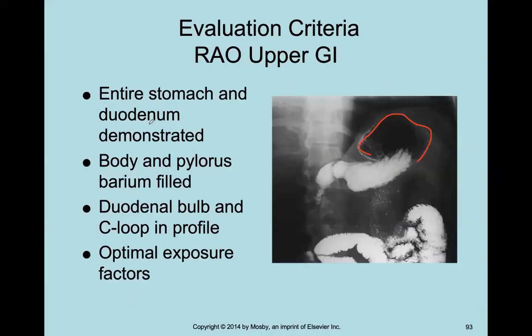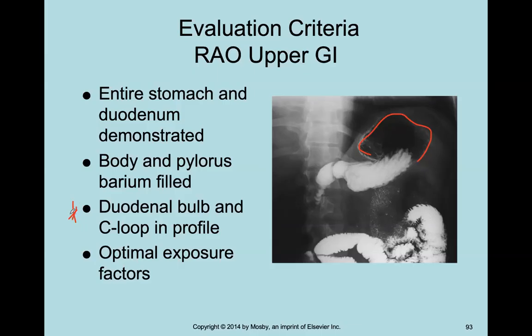Okay, RAO. So what you also need to know, you guys, for each projection, is what is best visualized for the upper GI. Very important, and those are registry questions. On the RAO, I'm going to put a star here.